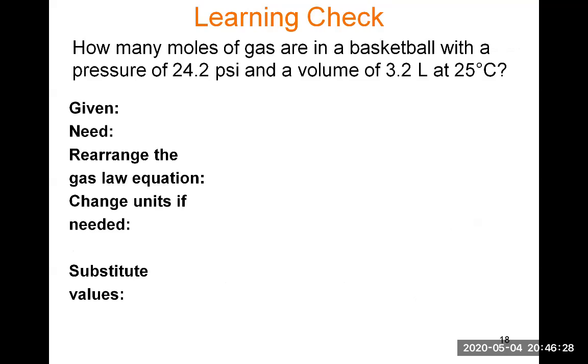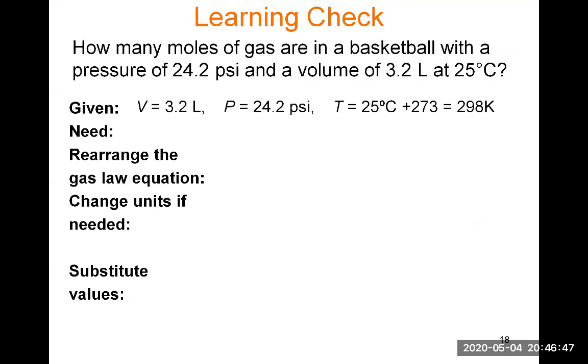So you want to gather all the given information. Here we have a pressure of 24.2 psi, so that's going to be our P. We have a volume of 3.2 liters and a temperature of 25 degrees Celsius.